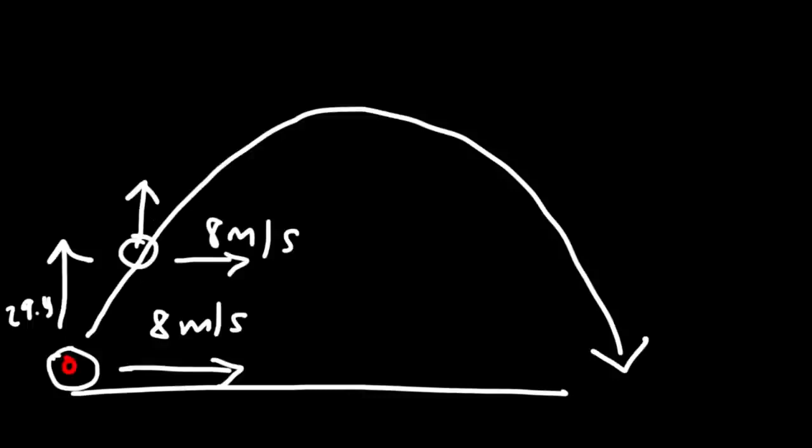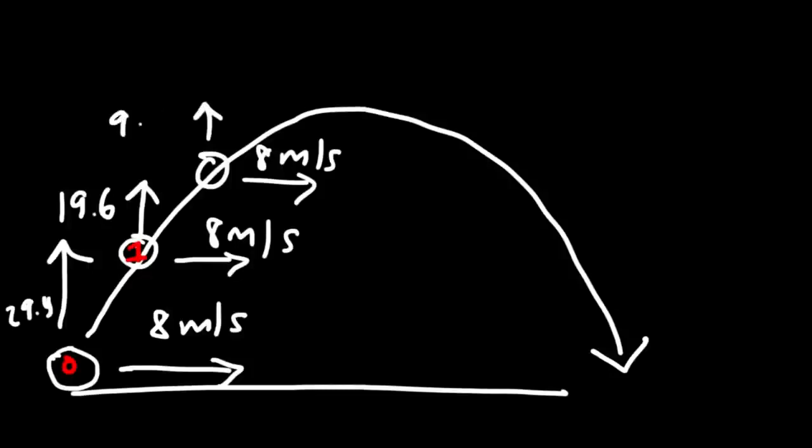Gravitational acceleration affects Vy, but not Vx. So this is going to be 19.6 1 second later. Now, 2 seconds later, Vx will still be the same, 8 meters per second. Vy is now 9.8.